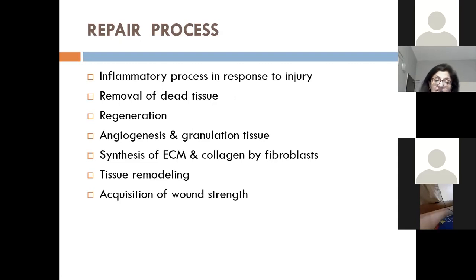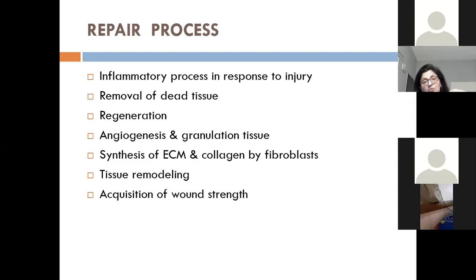Where regeneration cannot take place, it's going to be replaced by repair by fibrosis. And they include the following steps: angiogenesis and granulation tissue formation, synthesis of extracellular matrix by collagen and fibroblasts, tissue remodeling, and then acquisition of wound strength.